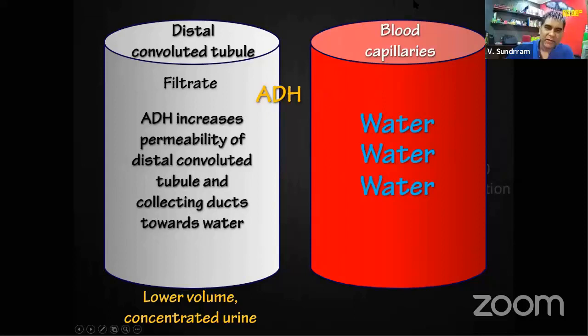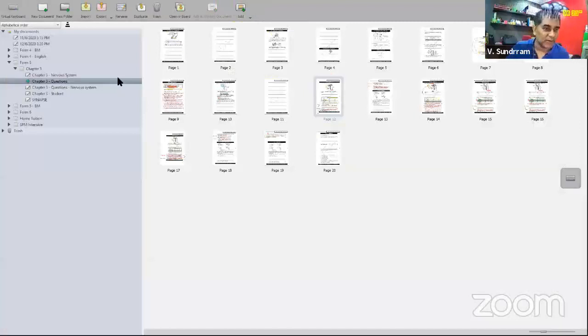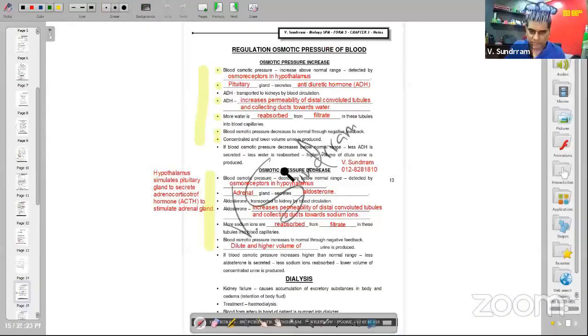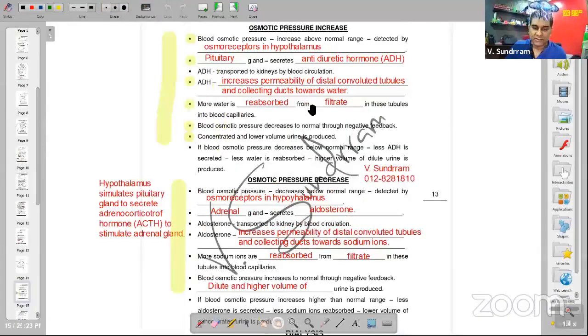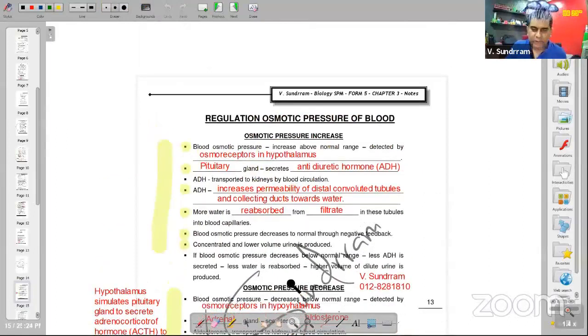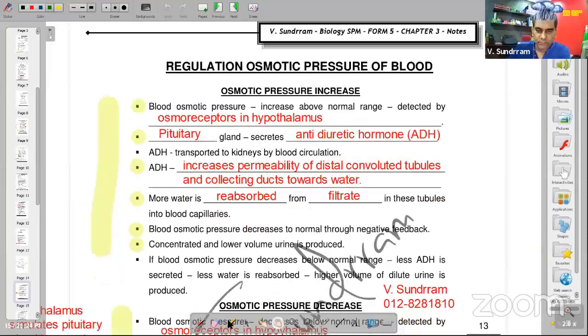If I go back to your notes, I'll also put this in the WhatsApp group later. I already filled this in during the earlier class. This is the answer. You're supposed to write it on page 13, but no need to copy now; I'll put it in the WhatsApp group later. I'm just showing you the answer. Where are your marks? Osmoreceptor, first point.